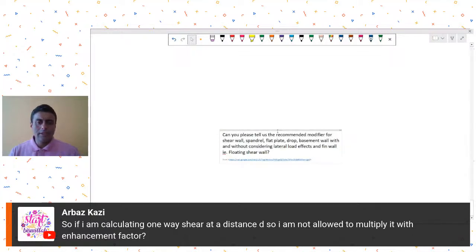Can you please tell us the recommended modifier for shear walls, spandrel, flat plate, drop basement wall, and wall with and without considering lateral load effects? I don't remember the numerical values as of now, but you can refer to ACI 318 for it. He has provided some pictures.